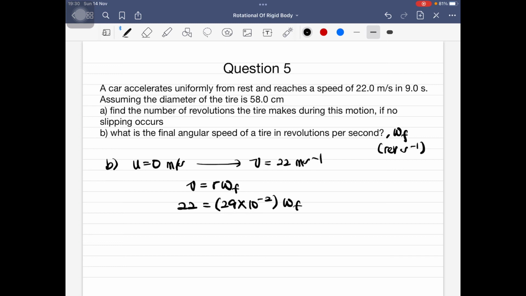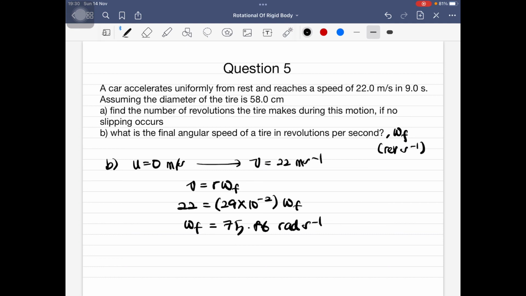So from there, omega f is equal to 75.86. Okay, the unit is radian per second. But now it asks for the unit in revolution per second. So I need to convert this, of course, from radian per second to revolution per second.